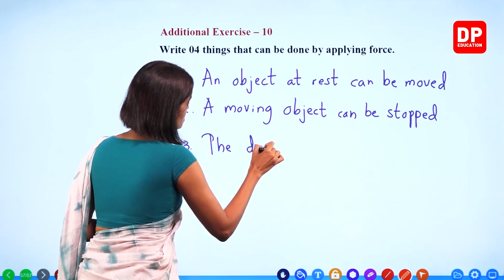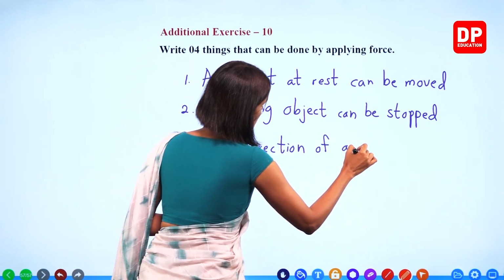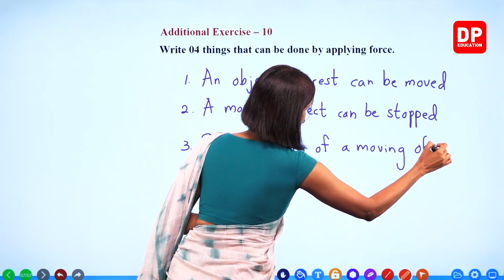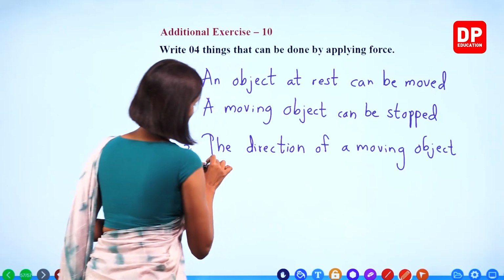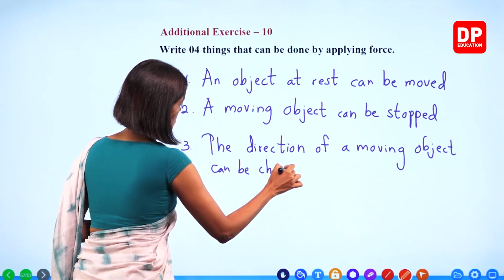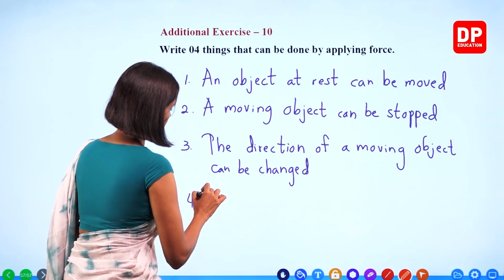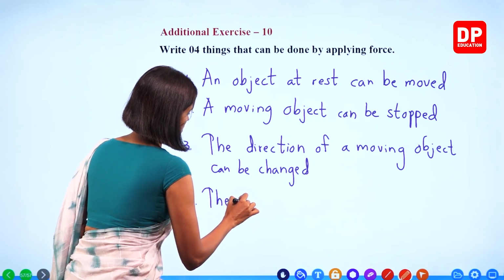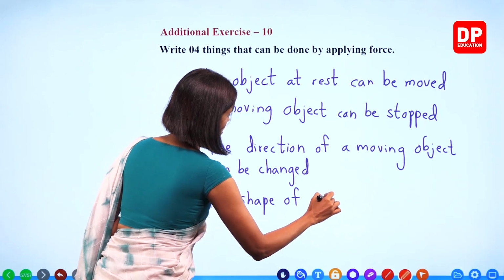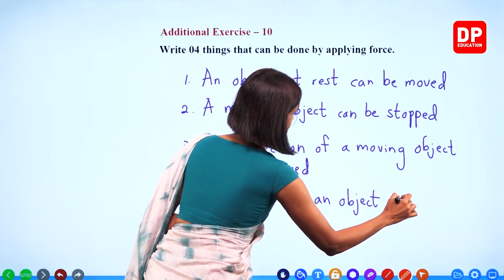The direction of a moving object can be changed. Number 4. The shape of an object can be changed.